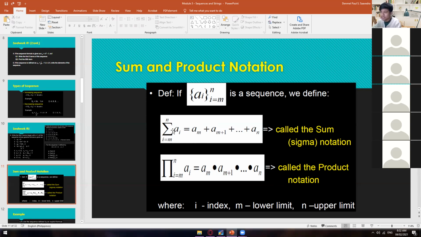If it's sum, then 1 plus 2 plus 3 plus 4 plus 5 plus 6 up to plus 20. And if it's product, then it's multiplication: 1 times 2 times 3 times 4 times 5 up to times 20. Those are the differences, just the operator. Instead of plus, it's multiplication. Instead of multiplication, it's addition.